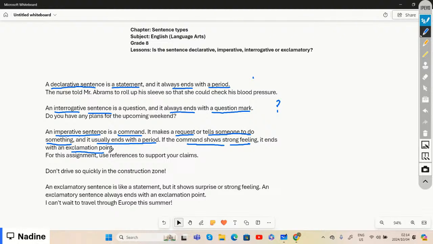When it comes to an exclamatory sentence, it shows surprise or strong feelings. And an exclamatory sentence always ends with an exclamation point.